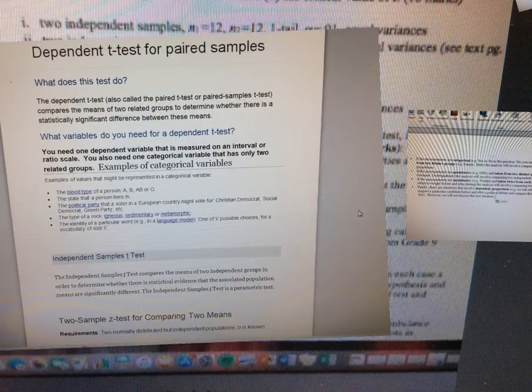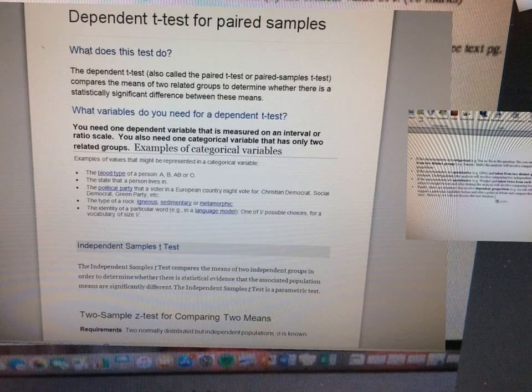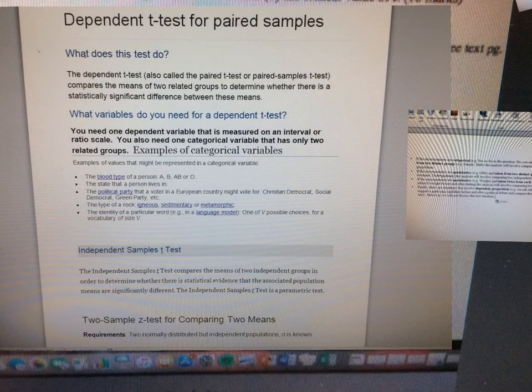Here's the first one that I put together, and this has to do with all the different tests that are mentioned here. And so the dependent t-test is for two related groups, to see if there's a statistically significant difference between the means. The related groups could be something like, in the example I think it was, the NHL team, where it's the preseason and postseason weights.